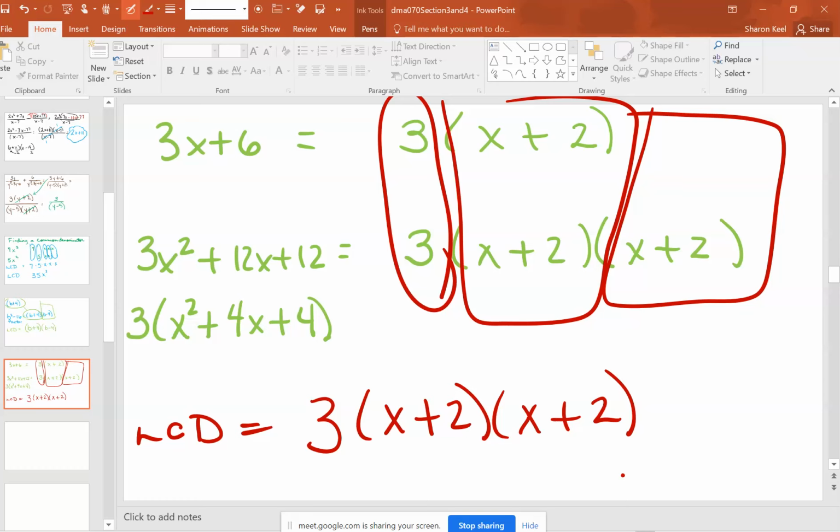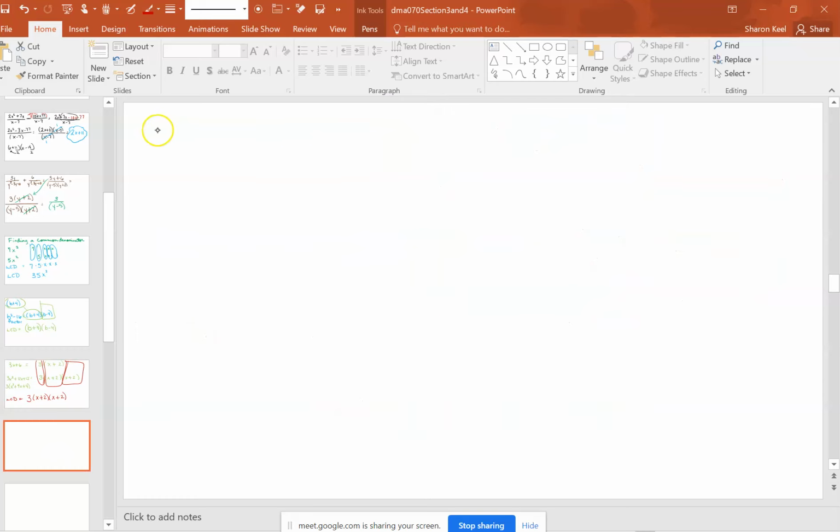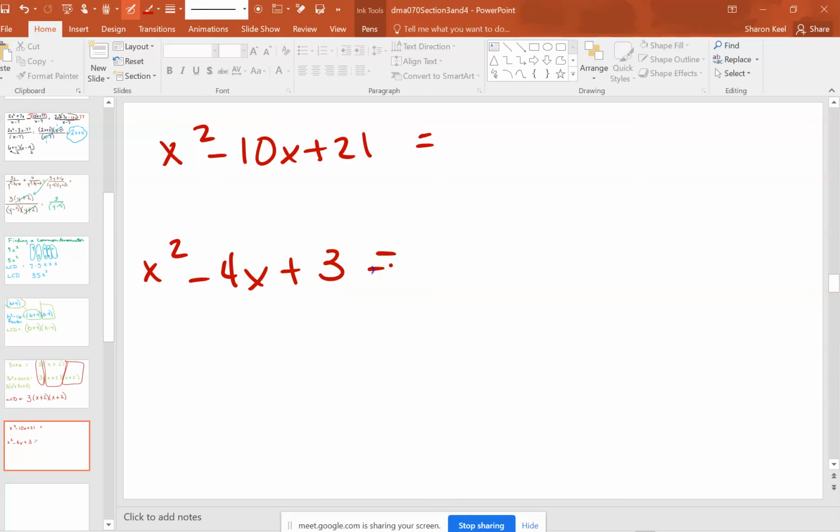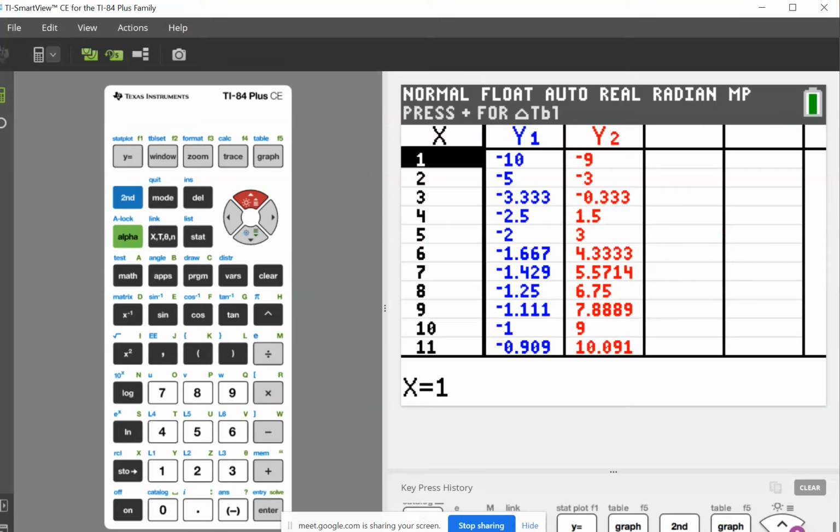Okay, let's do one more. Here we have a denominator of, we're only looking at the denominators, x squared minus 10x plus 21, and we have x squared minus 4x plus 3. Okay, so we're going to factor both of these into common factors. So for the first one, just use your calculator.